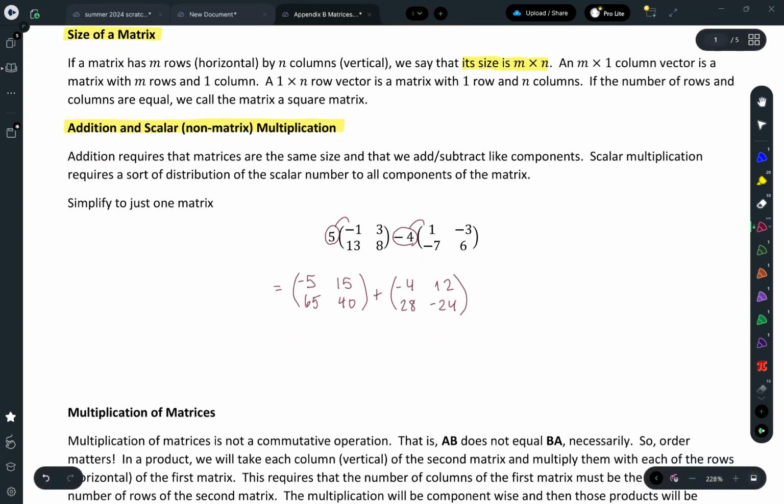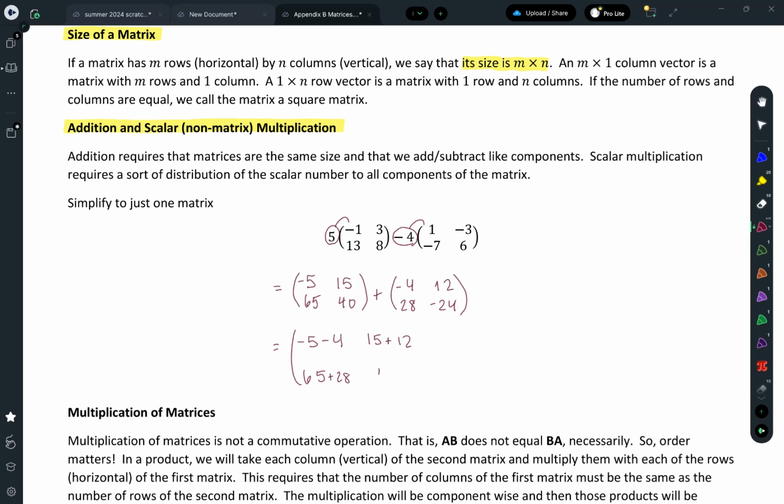Now I combine like components. If it's in the first row, first column, it has to go with the first row, first column in the next matrix. So my first row, first column will be -5 minus 4. My first row, second column will be 15 plus 12. Second row, first column is 65 plus 28.